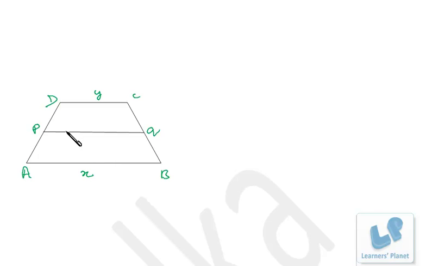Here what I'm trying to do, I'm trying to find out the length of PQ if I'm having the length of X and Y, right? Now just listen to me carefully. I just draw a line parallel to CB over here. That's this.